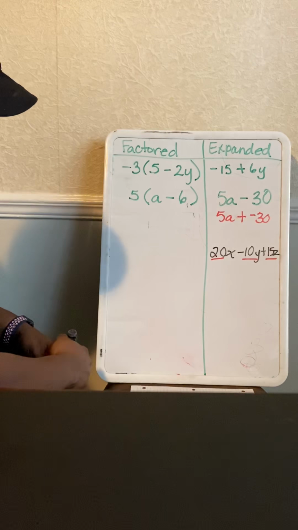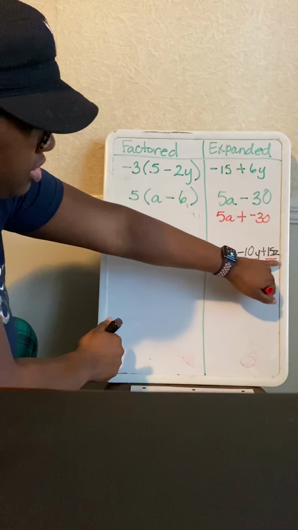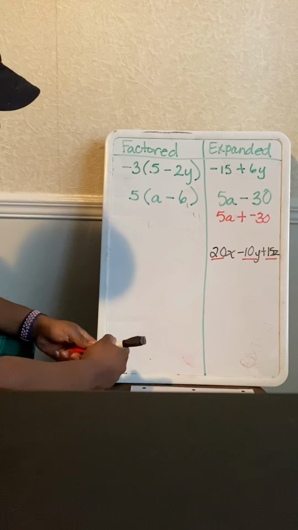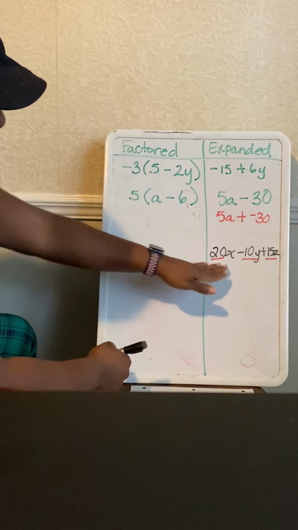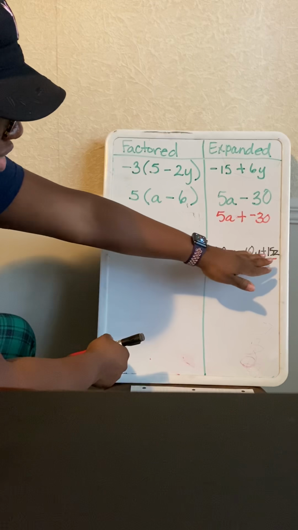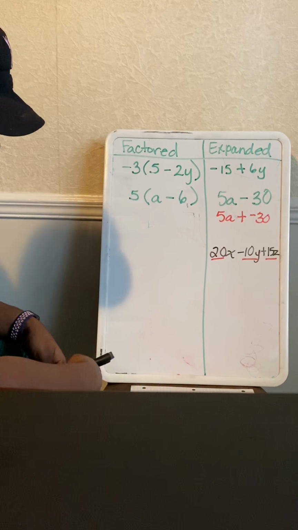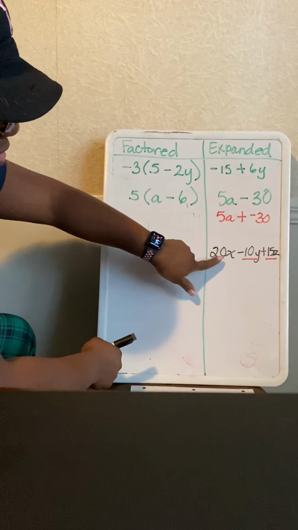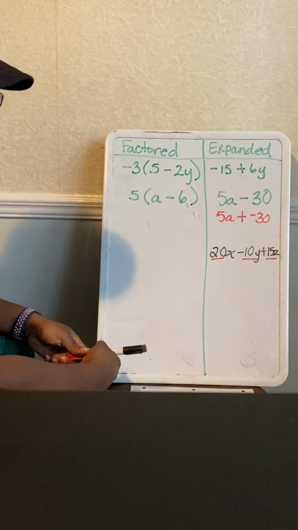So what you're trying to do is think of a number that is common between these. Really, you're thinking of the greatest common factor of 20, -10, and positive 15. And so when I think about a number that's common between 20, -10, and positive 15, I'm thinking of 5.